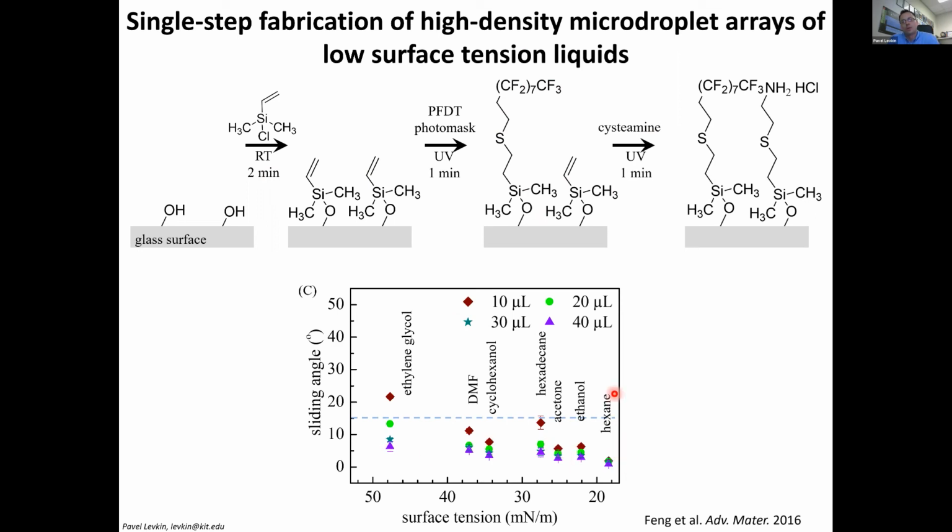Even for low surface tension liquids, such as hexane, the surface has a very low sliding angle, which means that if you tilt this surface, even low surface tension liquids can slide and be repelled from the surface very easily.